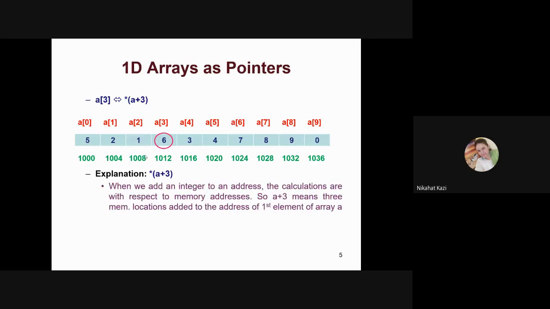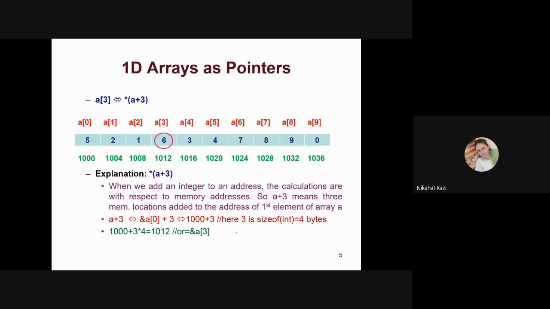A plus 3 is the same as address of A of 0 plus 3, that is 1000 plus 3 integer locations, 3 into 4, 1012, and you are writing star of 1012.